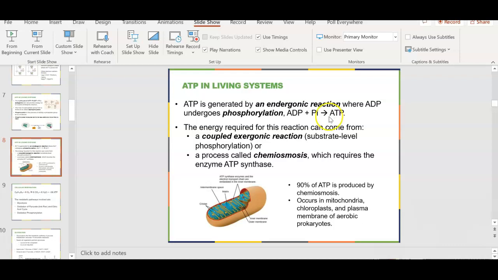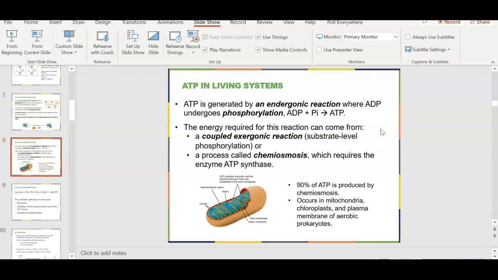It's an uphill reaction to get to ATP. So it too is very often coupled with some other exergonic reaction that releases enough energy for that to happen. One way is what we call substrate level phosphorylation.